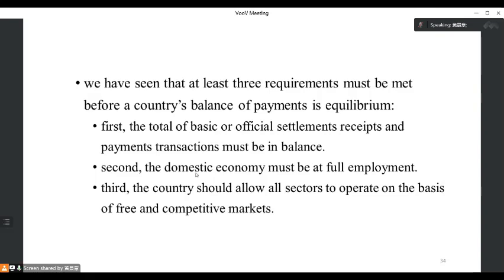Second, the domestic economy must be at full employment. Third, the country should allow all sectors to operate on the basis of free and competitive markets.